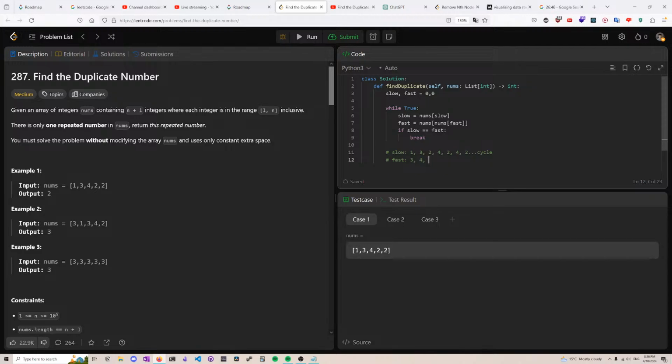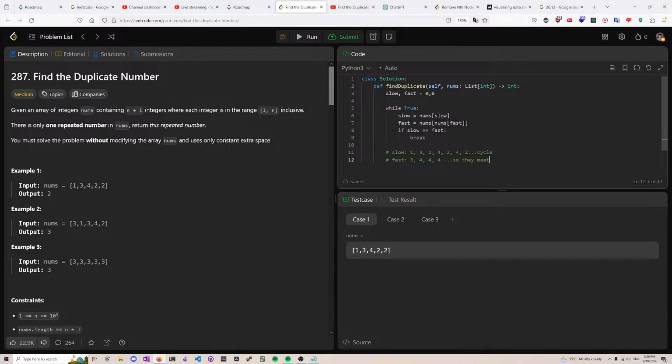Wait, what? Okay, nums of fast is 0, it's 1, and then nums of 1 is 3, right? It's 3, and then nums of 3, 0, 1, 2, 3 is 2, and then it's 4. So it ends at 4.